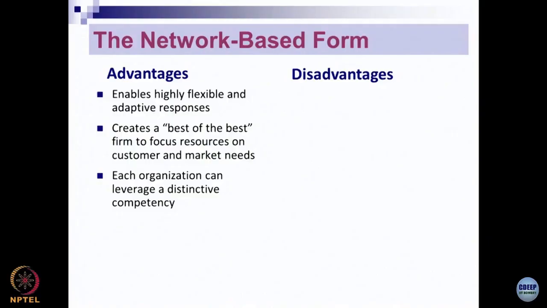It creates the best of the best firm to focus resources on customer and market needs. When with the help of IT, one can make products available and one can make the visibility of the product available across the world, then it can promote only the best of the best products. When the facility of presenting their great output was not available, even the substandard product could be sold in the local market.